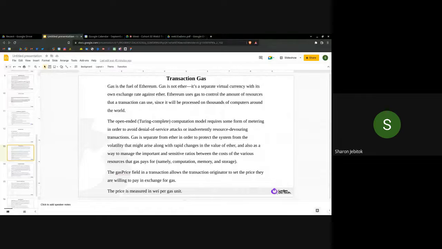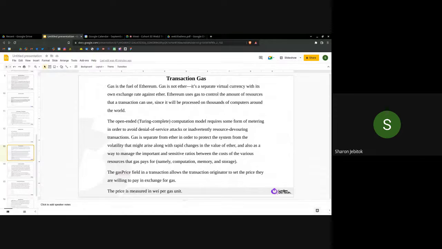Gas is separate from ether in order to protect the system from volatility that might arise from rapid changes in the value of ether. As we know, the prices of cryptocurrencies like ether keep changing.